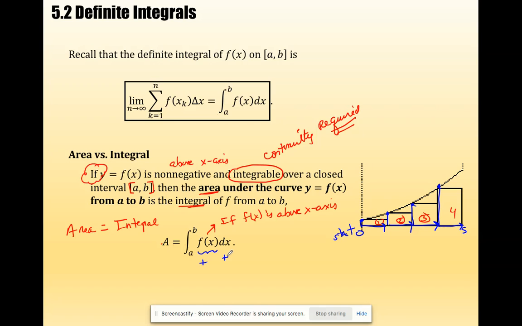Positive. So your function height is positive. Your width is positive because each time you were going right, and a positive times a positive is a positive. And when you add a bunch of positive numbers, you get a positive value. Yes? A product of two positives is positive.